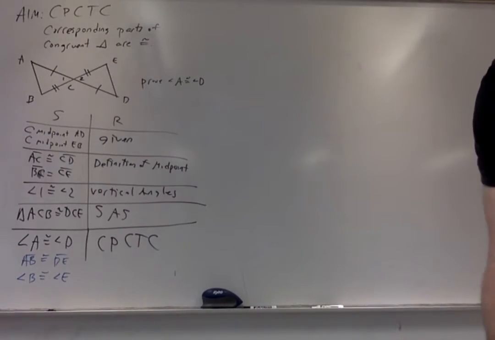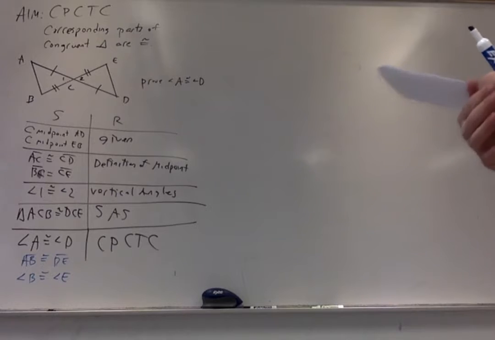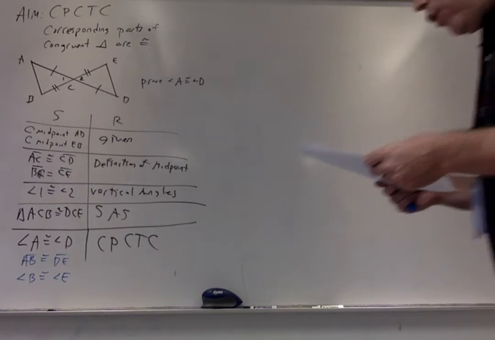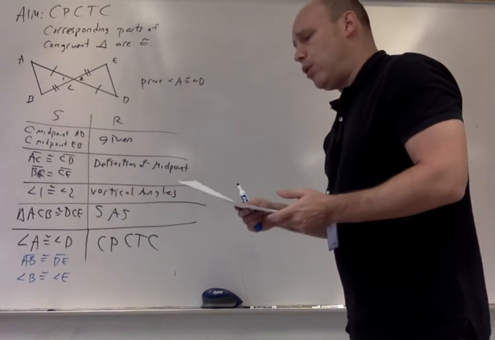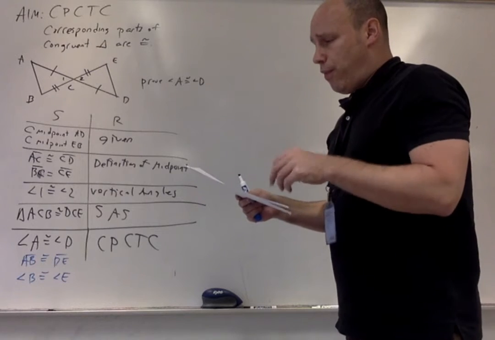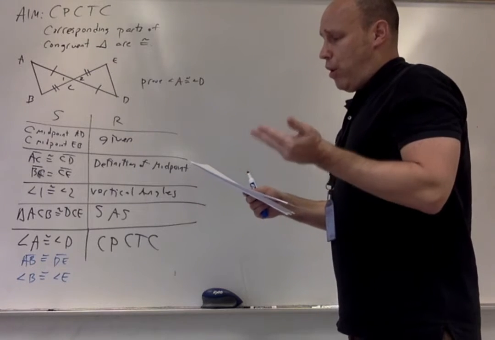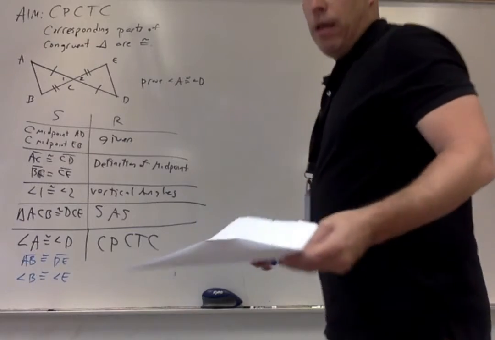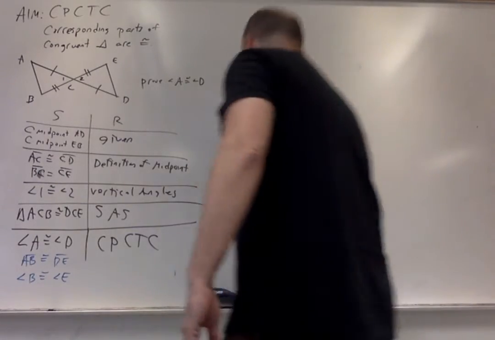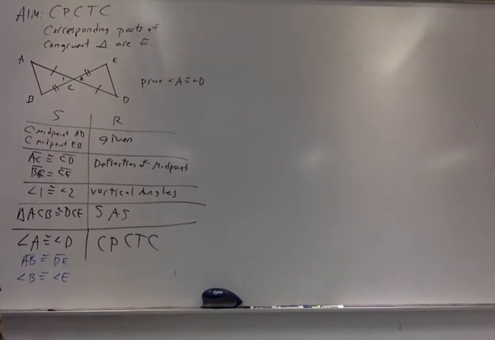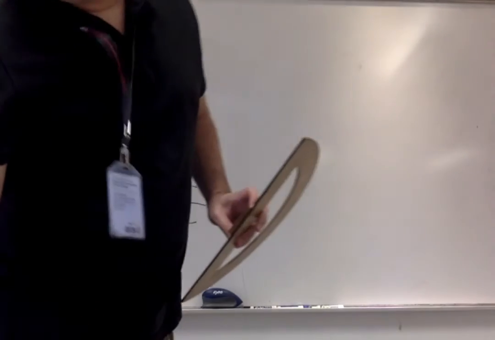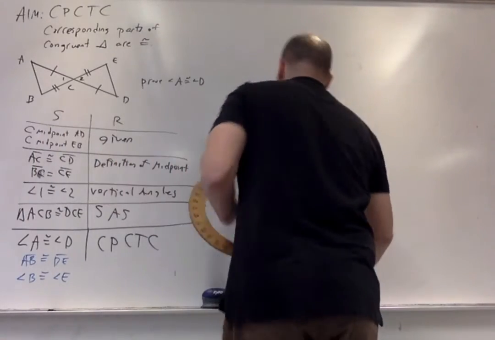Given NO and PQ are congruent, and angle ONQ is congruent to angle PQM, prove that NM is congruent to OQ. Okay, let's take a look at this. Well, let's get a diagram in our notebook. That's a parallelogram.